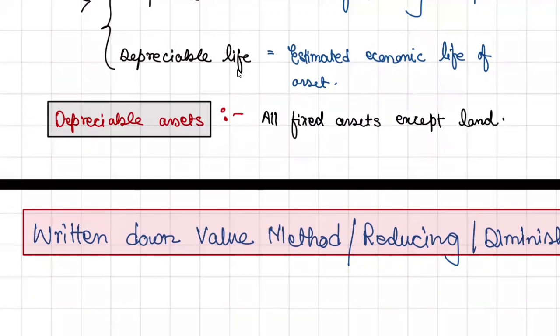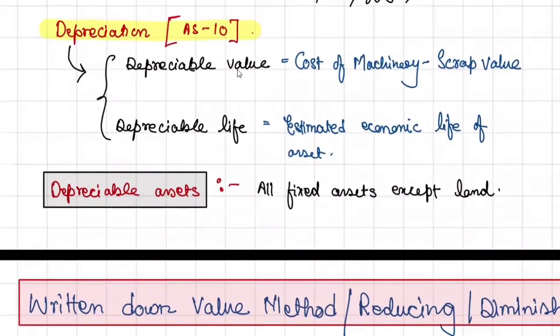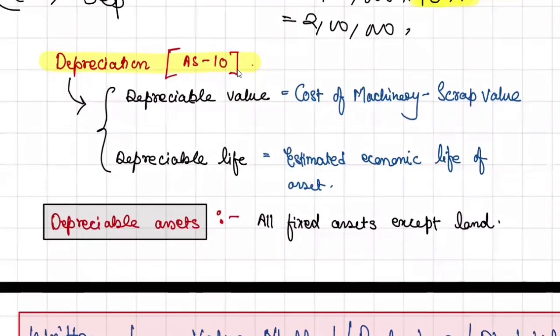So we just started. There are a few terms which I forgot to discuss in the last session, so I was just discussing them. Actually depreciation is charged on depreciable asset, on depreciable value, for depreciable life.